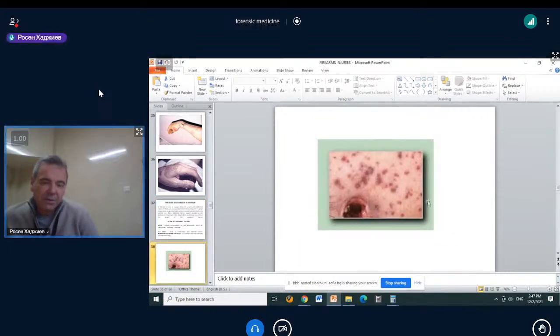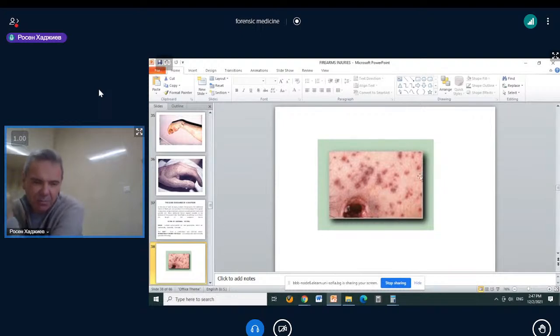Now, this figure is called powder tattoo, this tattoo surrounding the main entrance wound. These are small bruises, small abrasions left by these small particles coming out from the muzzle.